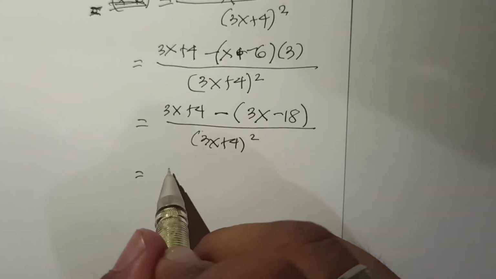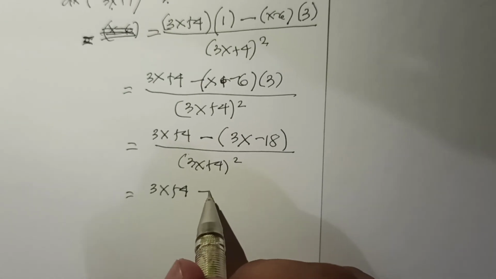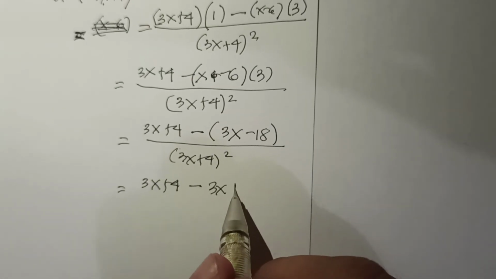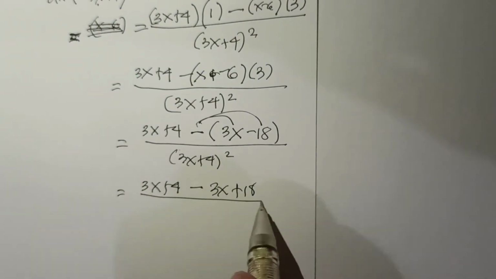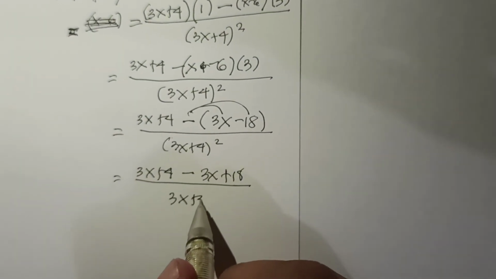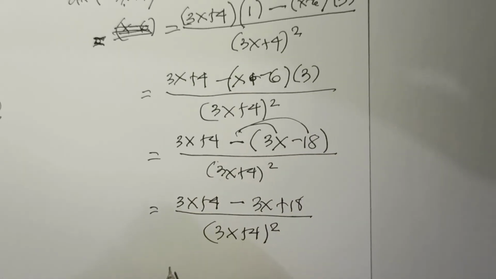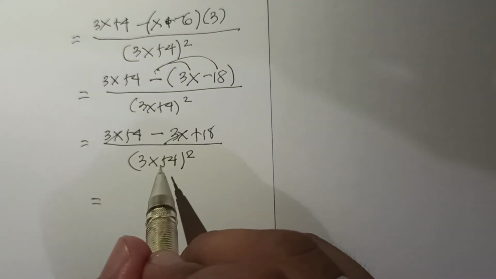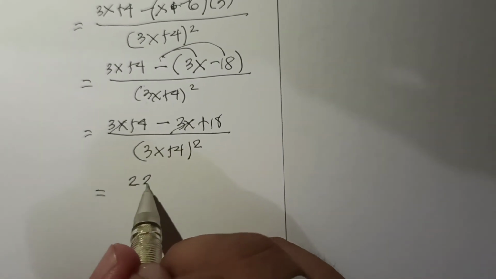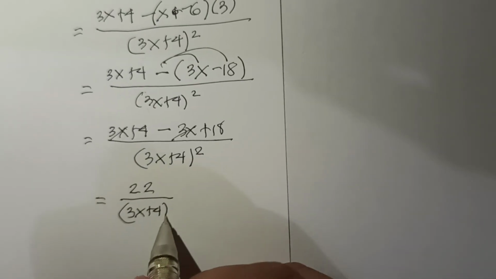So you have to simplify. So 3x plus 4 minus 3x plus 18 by distributive property over 3x plus 4 squared. So simplify, we cancel this part, so we have 22 over 3x plus 4 squared.